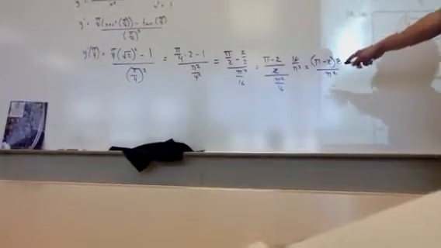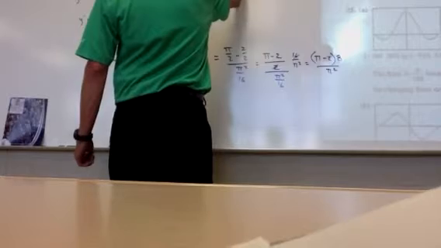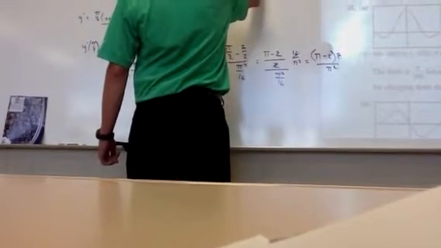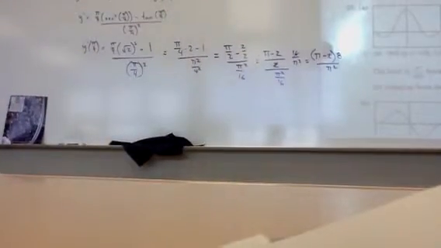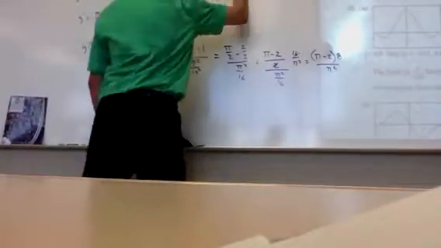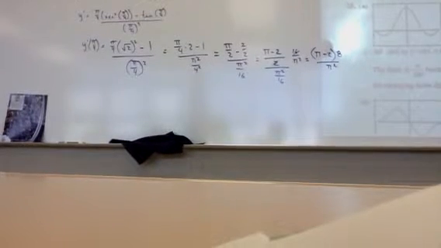So then the slope of my perpendicular is going to be negative pi squared over 8 times pi minus 2. That's the slope of my perpendicular. So whatever that is, let's go ahead and figure out what that is.